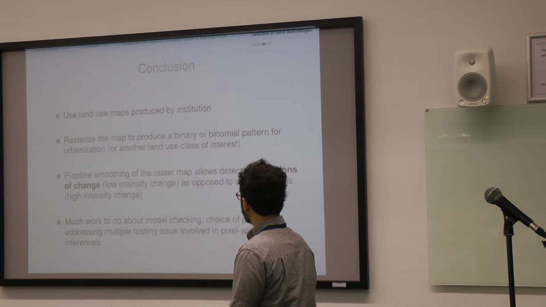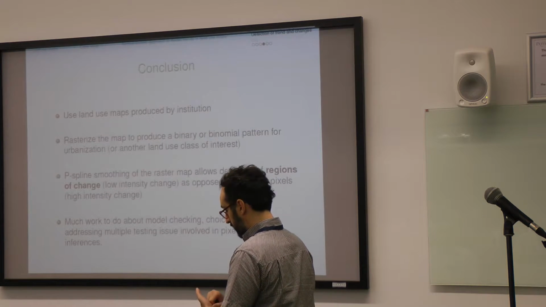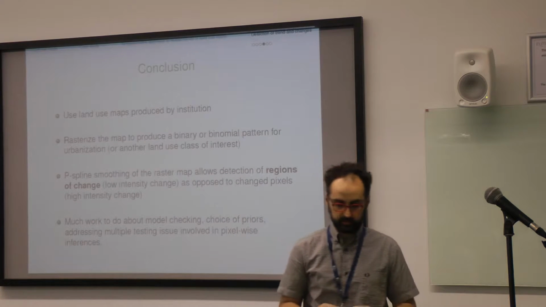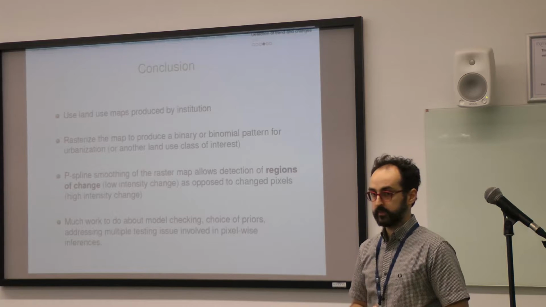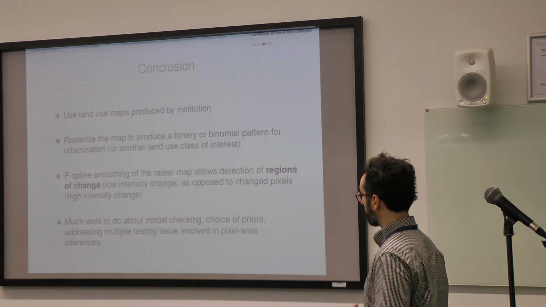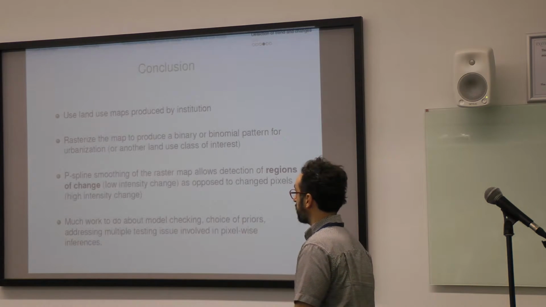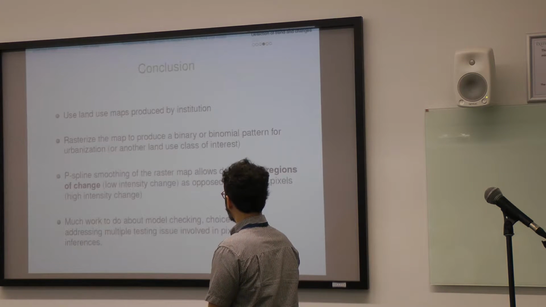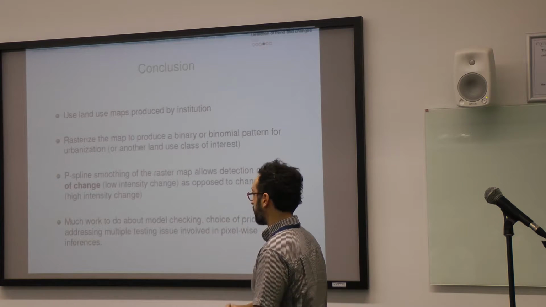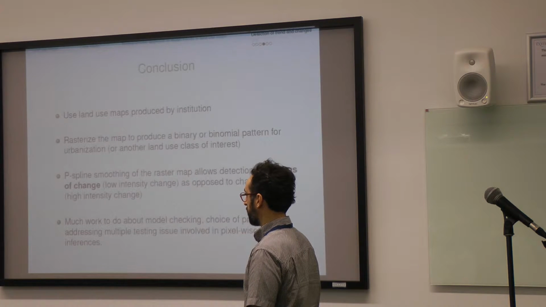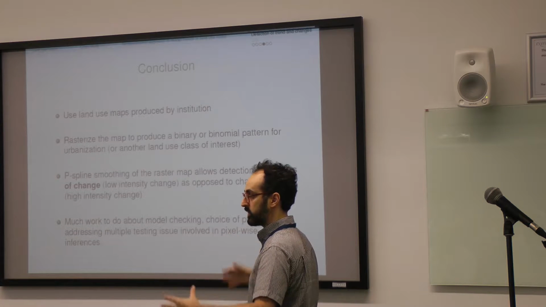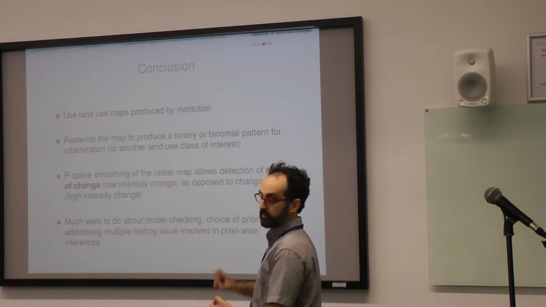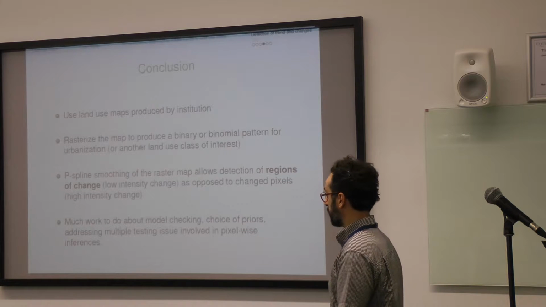You can do modeling on this, and the smoothing is nice in this case, because it gives you the chance to detect changes at a larger scale, and you can fix the spatial scale that you want to analyze, as opposed to changed pixels. So we are perhaps more interested in low intensity changes at a larger spatial scale, rather than high intensity changes at pixel scales, for urban planning purposes.